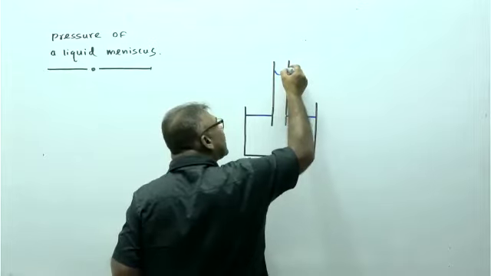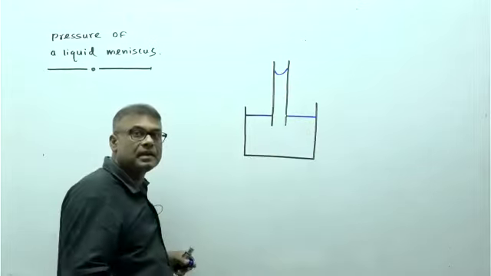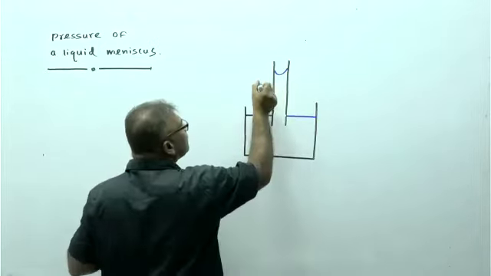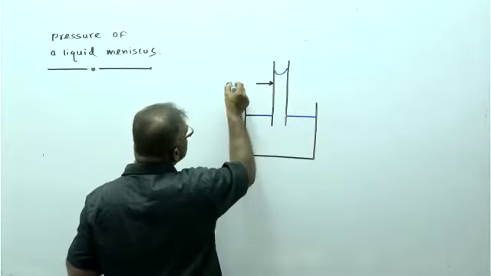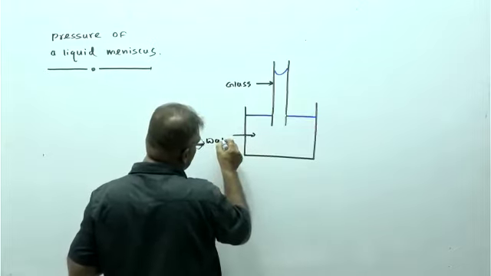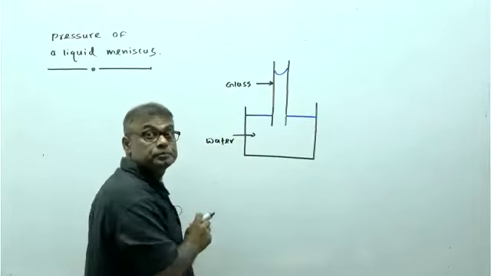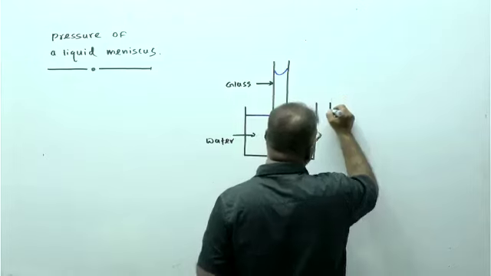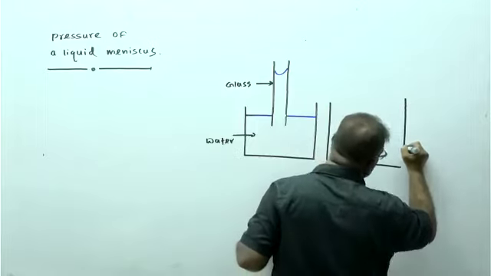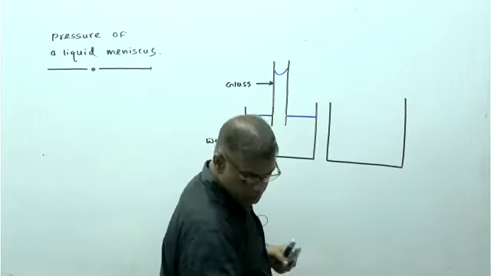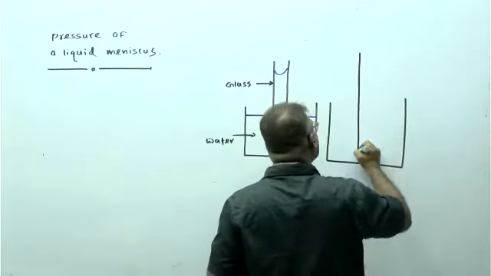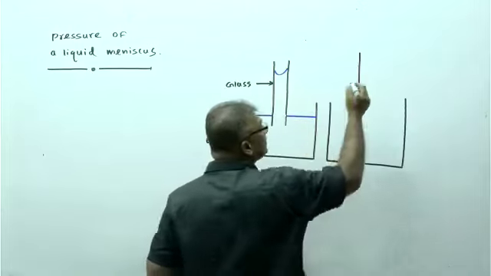We call this capillary reaction, capillary ascending. Here we have a glass tube and here water. And here you are given a mercury beaker consisting of mercury, and inserting a capillary tube. This is not a test tube. This is a capillary tube, a very small one, right?